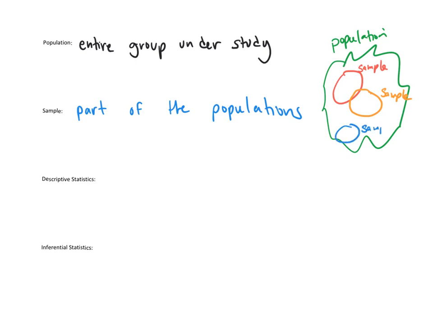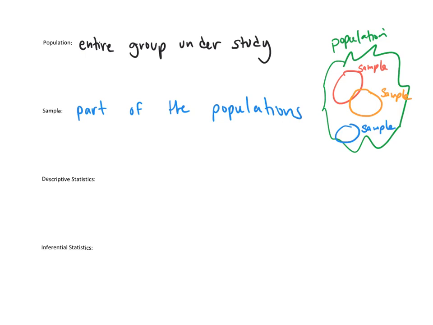So there are lots of different samples in a population. The best thing you can have for a sample is that it's representative, a sample that actually looks very similar to what the population does. As we'll see in the course, that is very difficult to do, and we are always striving for that, but it is difficult.